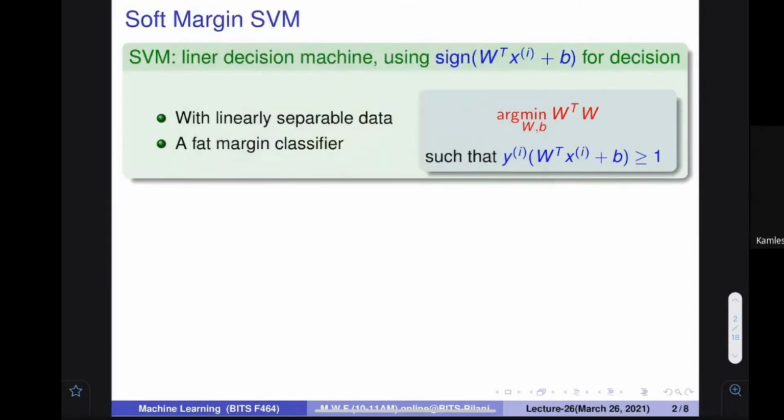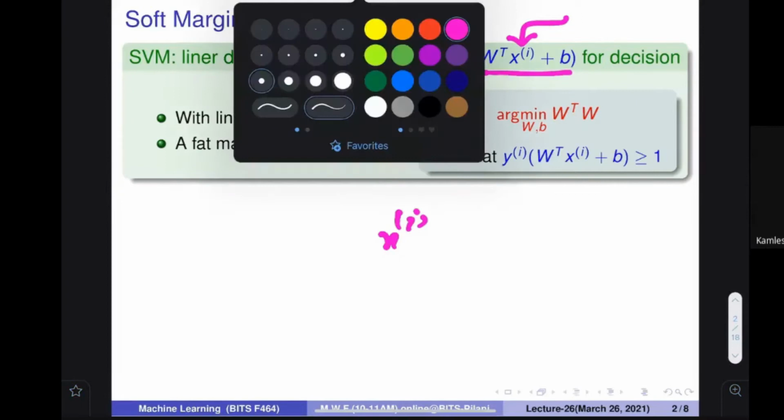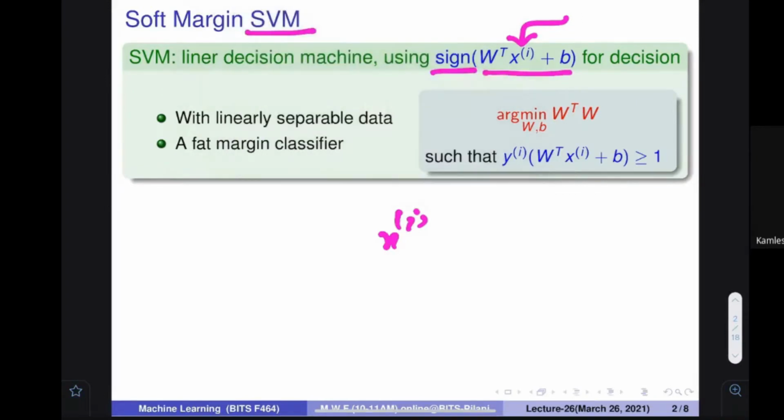So the idea of SVM is that it uses this particular formula, the equation of the plane, and tries to see what the sign is to tell what the classification of a particular item is. Let's assume that Xi is the example. You try to see what the classification of this particular point Xi is by putting it into this formula.